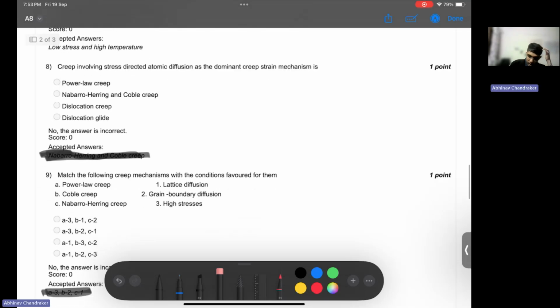Creep involving stress directed atomic diffusion as the dominant creep strain mechanism.